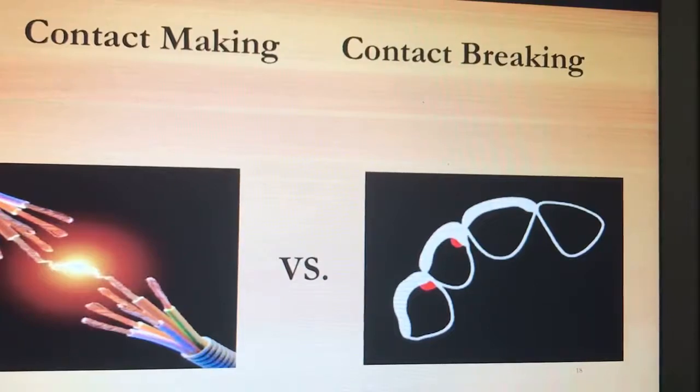The model intuitively demonstrates two independent critical points where contact making and contact breaking bifurcations are possible.